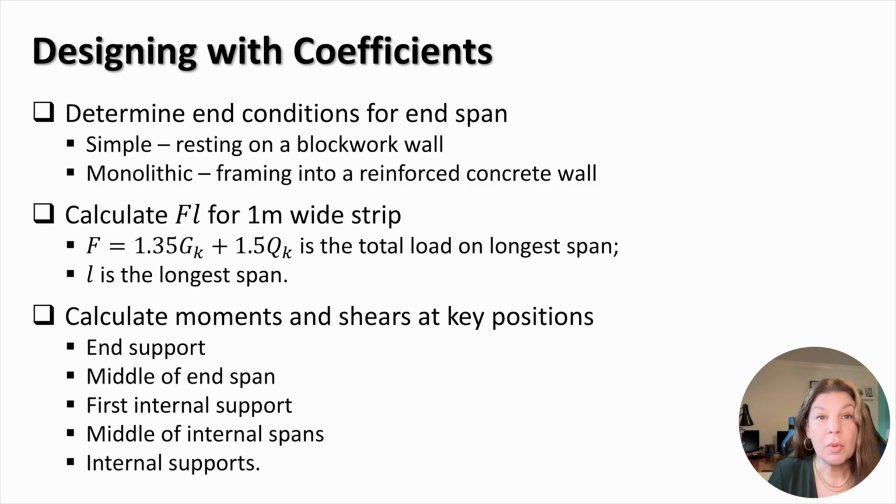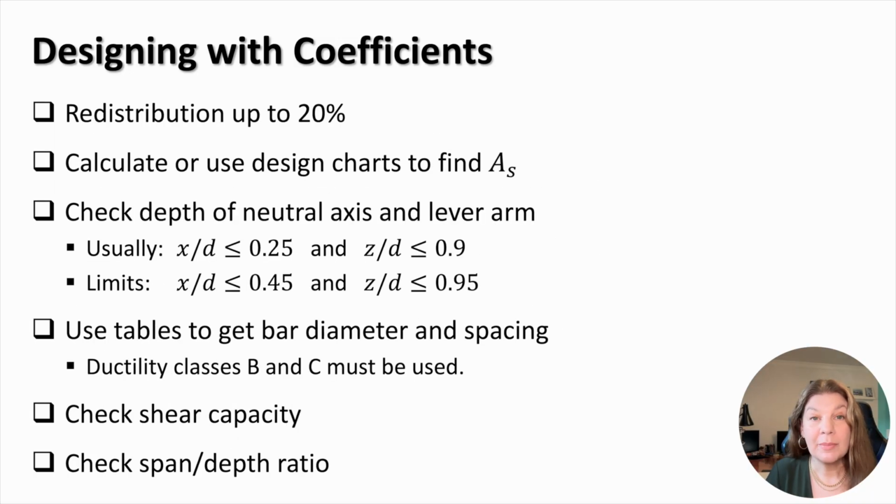Next, the full load and moment are calculated for a 1 meter wide strip of the slab, where the full load F is fully factored, permanent and variable loads applied to the longer span of the slab. The moments and shear forces are calculated for the key positions in the slab, including end support, middle of end span, first internal support, typical middle of internal span, and typical internal support. The moments above supports can be redistributed by up to 20%.